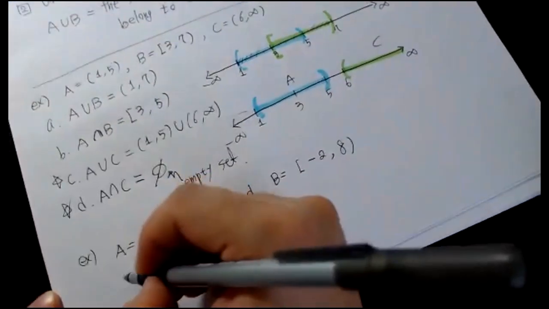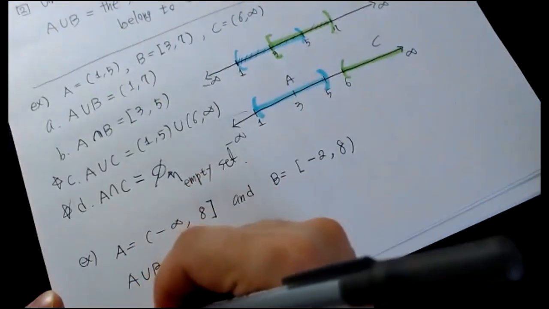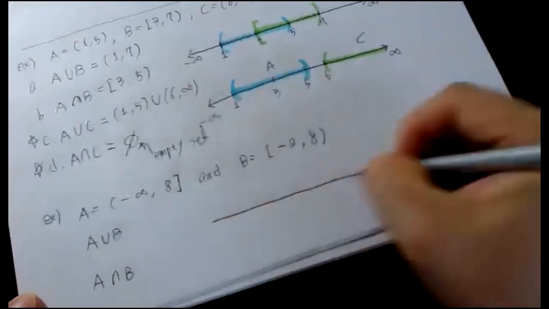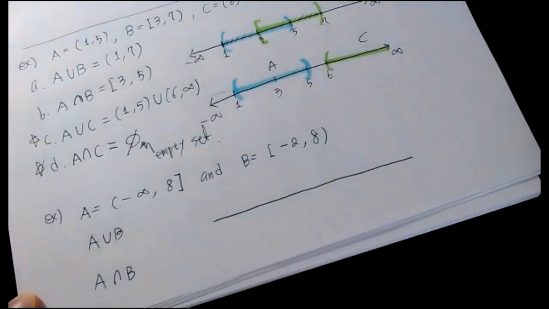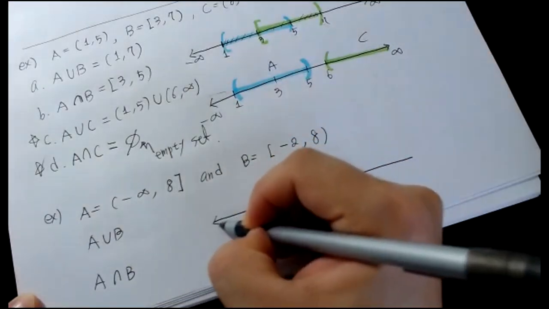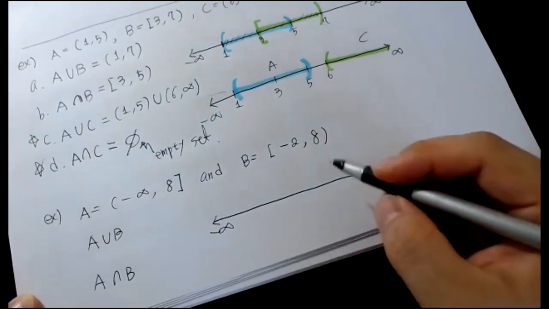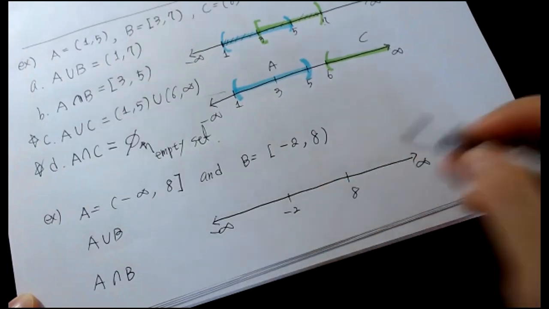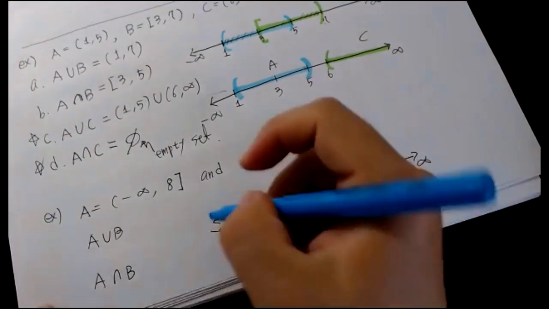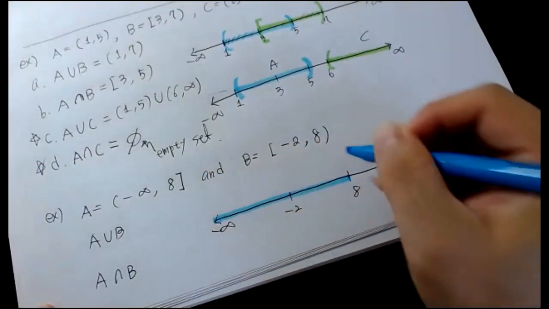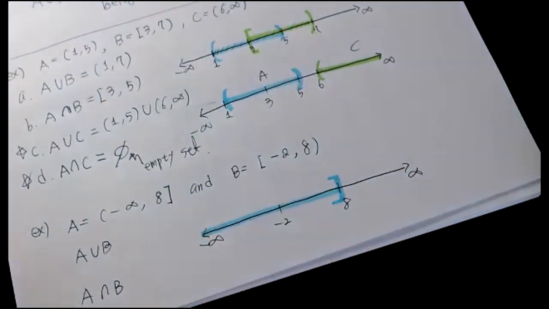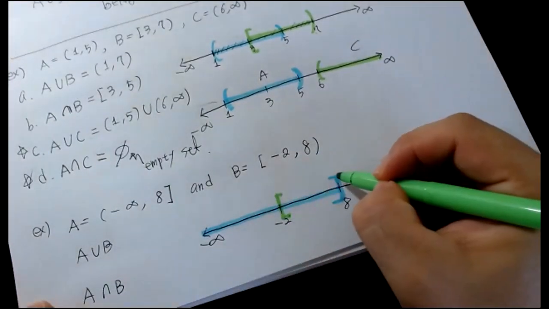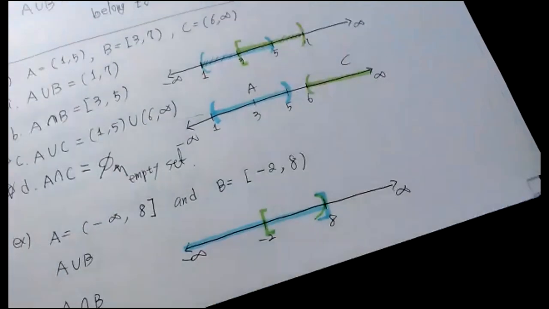Let's find A union B and A intersection B. Let me draw the graph of those two intervals on the number line. Negative infinity to 8 here, and there is negative 2. So set A is negative infinity to 8 closed, and set B is negative 2 closed to 8 open.